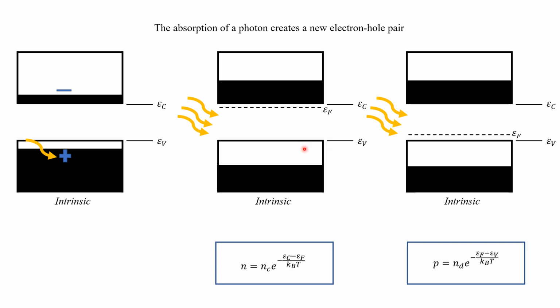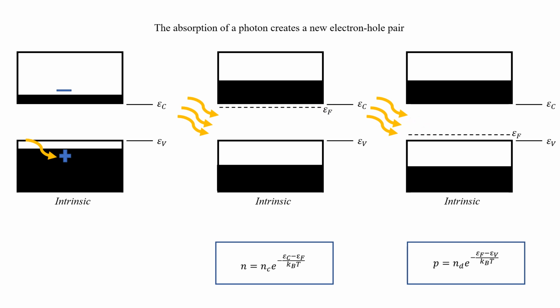The concentration of holes reduces. In p-doping, we do the other way around. But here, we are increasing at the same time both the concentration of free electrons and the concentration of holes. That means that the Fermi level needs to go up and also needs to go down.